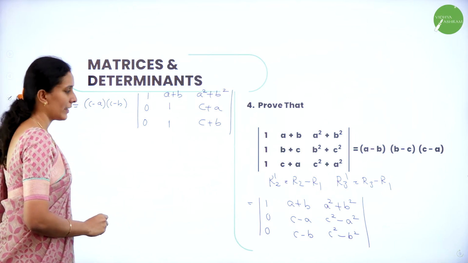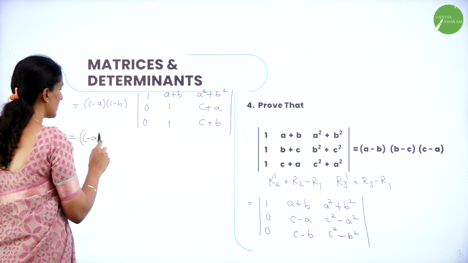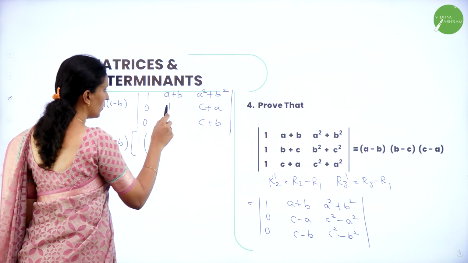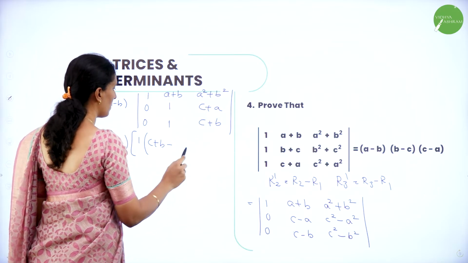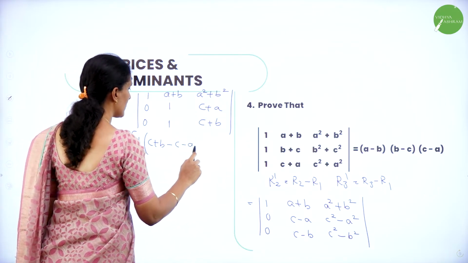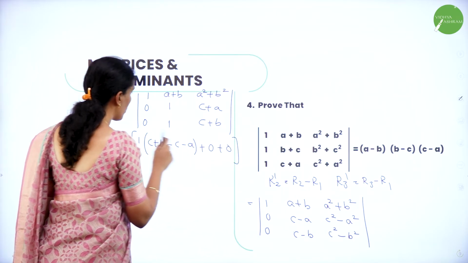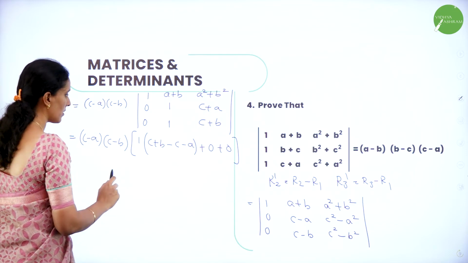Now we can expand the determinant using the column. So c minus a, c minus b into 1 into c plus b minus 1 into c plus a, plus 0 plus 0 again, because we have two factors multiplying with 0, which becomes 0.